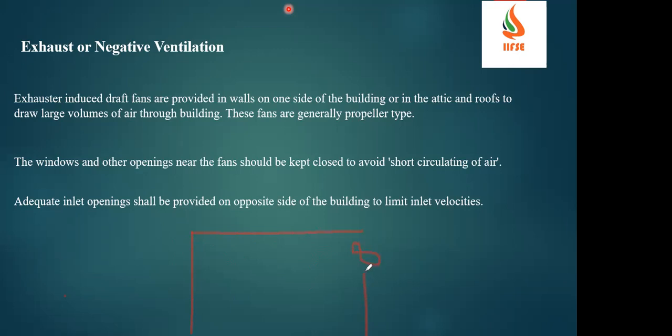So if you assume this is a ventilation fan, it will be drawing out the air from the complete building. So if you have any openings on this side, it is going to be useful, because whenever this fan starts working, it is taking the air from the complete building. Automatically this fresh air starts coming inside.